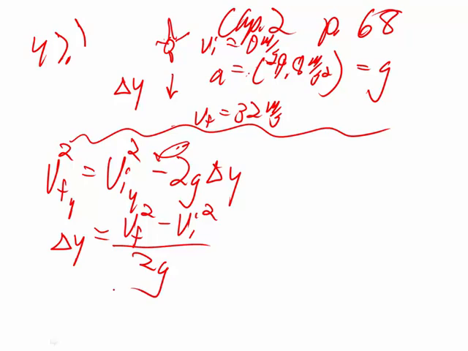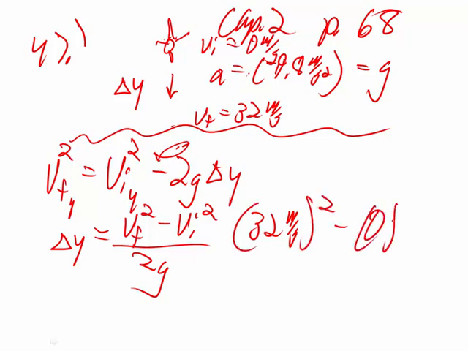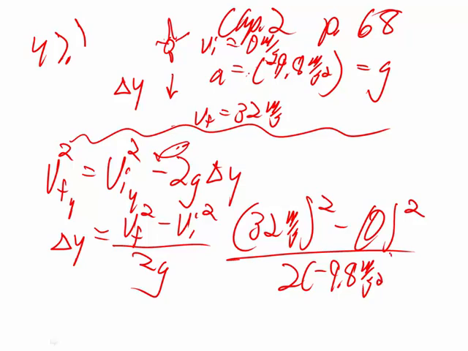Is that correct? So we plug everything in and we've got 32 meters per second squared minus 0 squared divided by 2 times negative 9.8 meters per second squared. And what do we get?